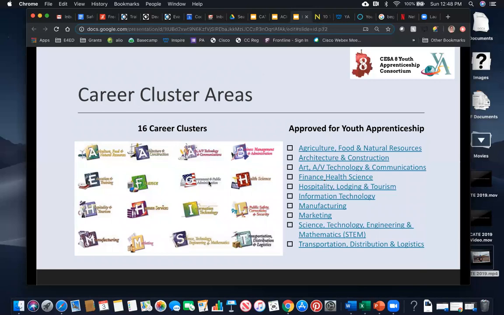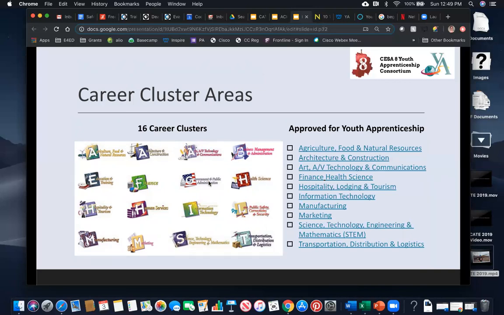The youth apprenticeship areas are chosen from the 16 career clusters. I believe it's 11 of the 16 career clusters right now have skills-based checklists for youth apprenticeship. The areas that we find youth apprenticeship opportunities include agriculture, food and natural resources, architecture and construction, art, AV, technology and communications, finance and health science.